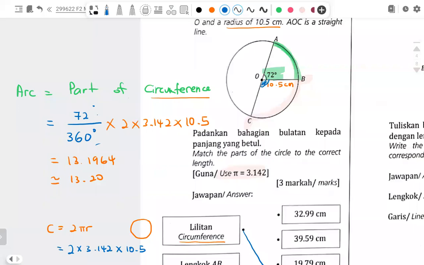So Joe, do you know how to find the supplementary angle over there? Can you give me the size of the angle? Angle of BOC equal to?